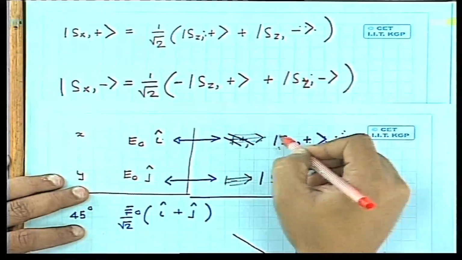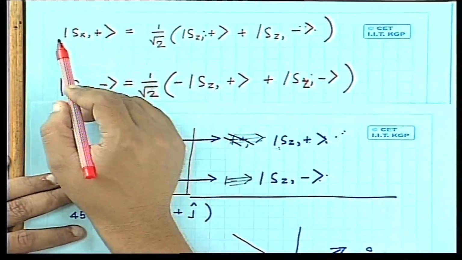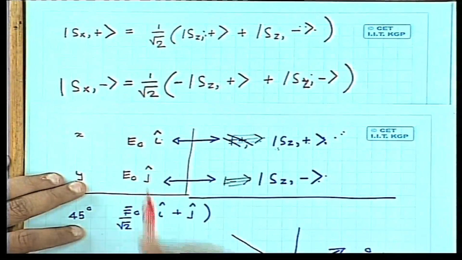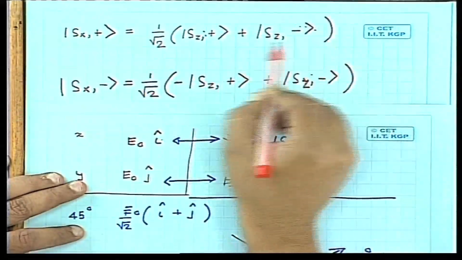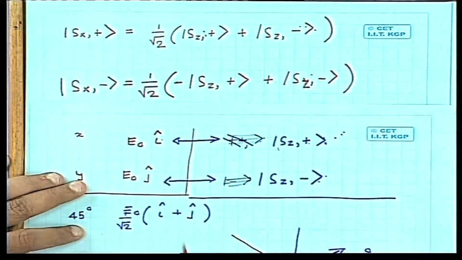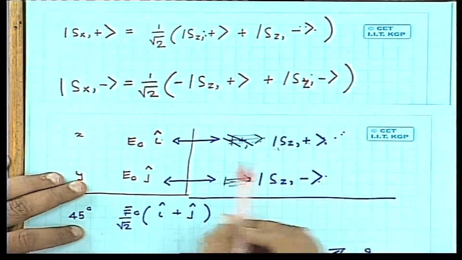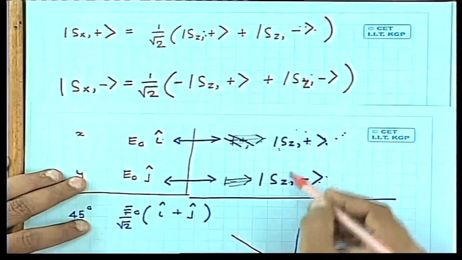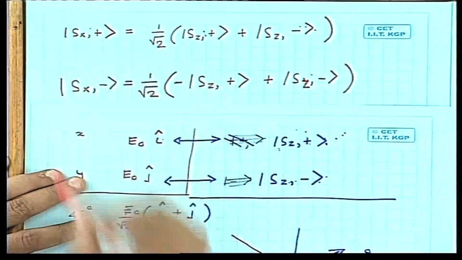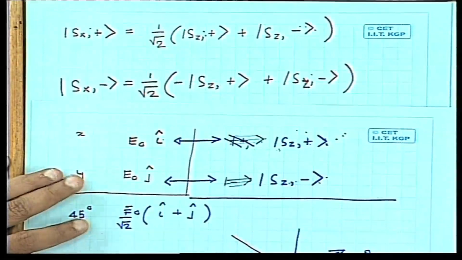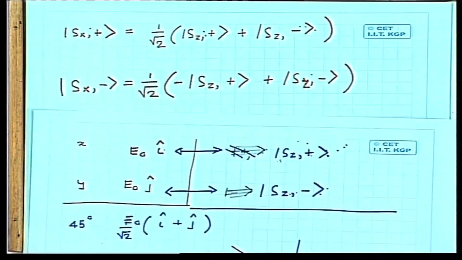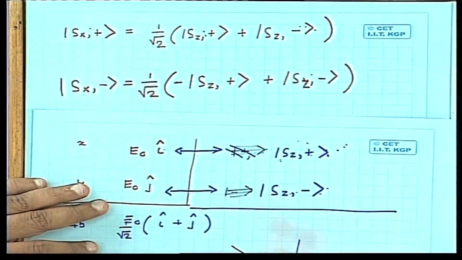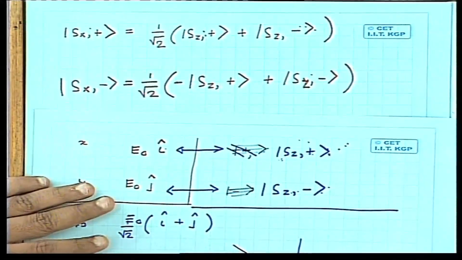So this explains how, if I make a measurement along the x-axis and I take the particles with spin up which have got this vector, and then make a measurement of the z component of the spin, I again get both of these, because this vector is a linear superposition of both of these vectors, which is exactly analogous to what happens if I make a measurement of polarization at 45 degrees and then measure the y component of the polarization.